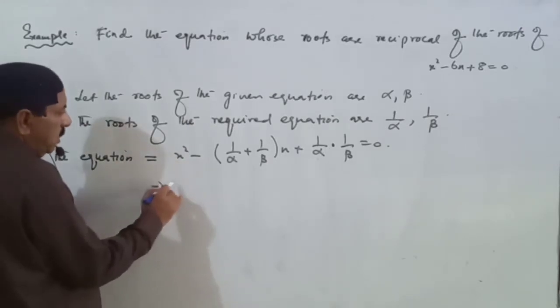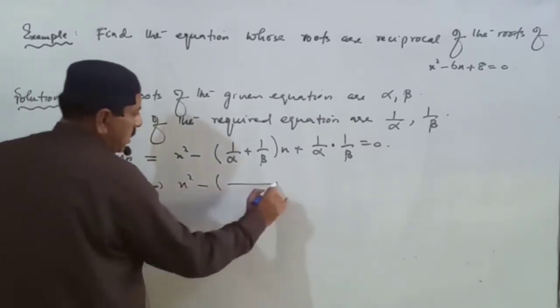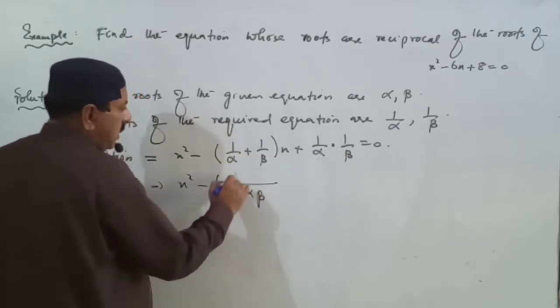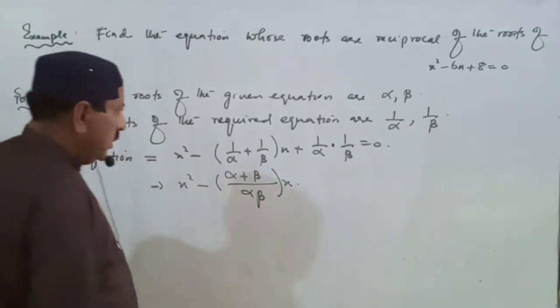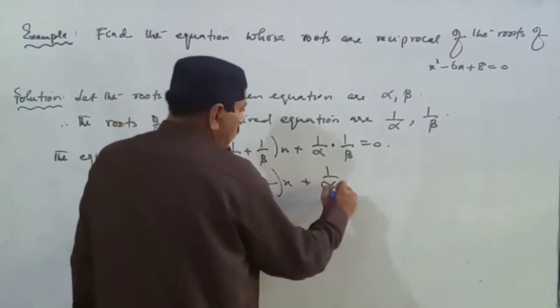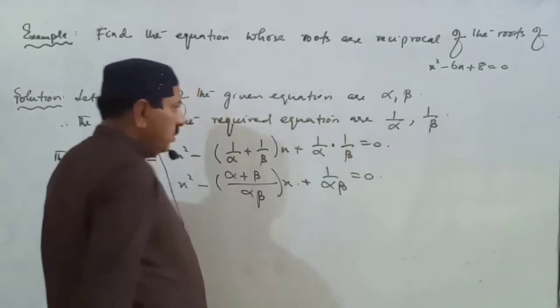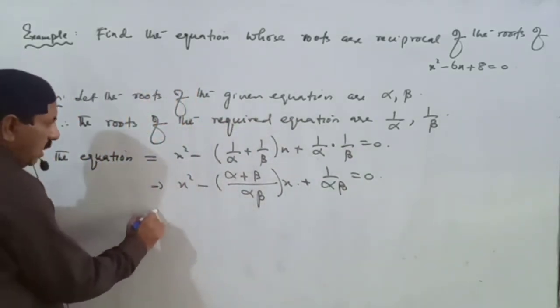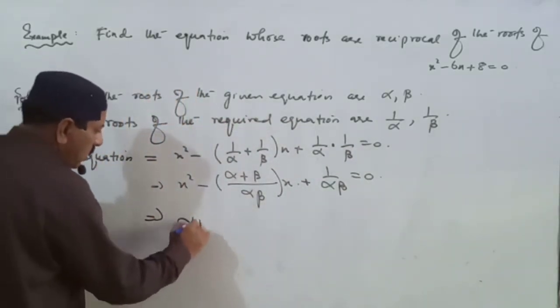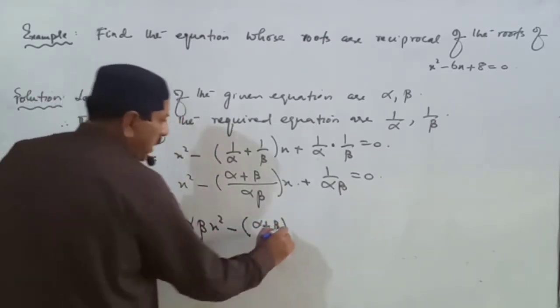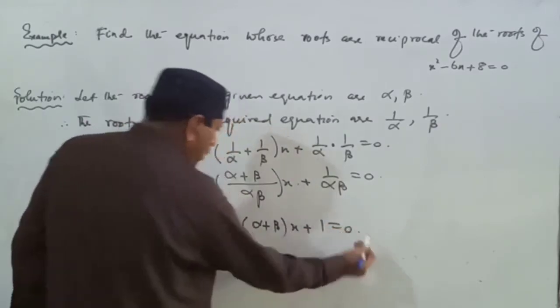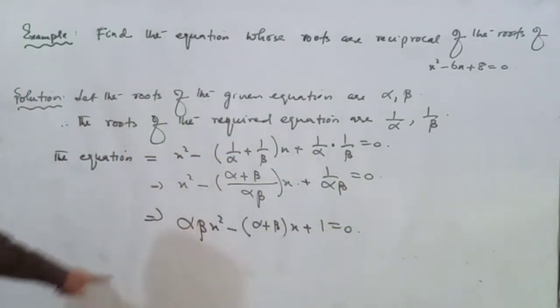So here x square minus, alpha beta is the LCM, alpha plus beta, x plus 1 upon alpha beta is equal to 0. So here alpha beta is the LCM, alpha beta x square minus alpha plus beta x plus 1 is equal to 0. So here alpha into beta, product of roots, means 8 upon 1.